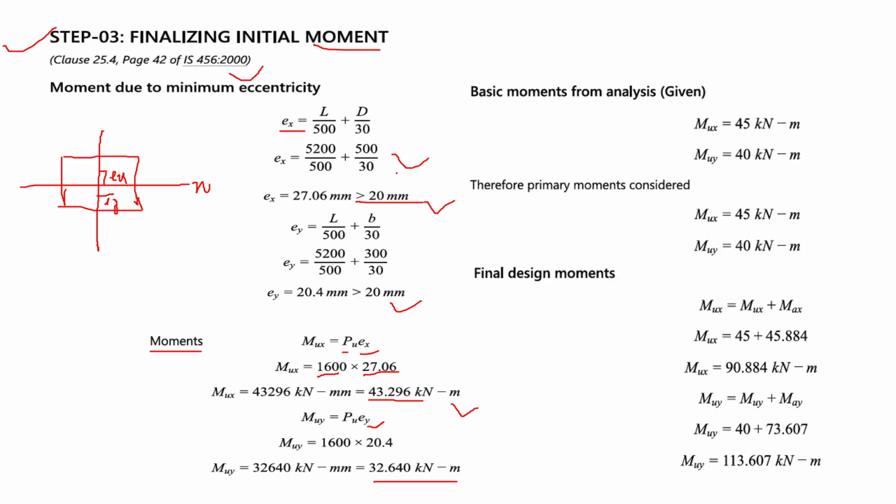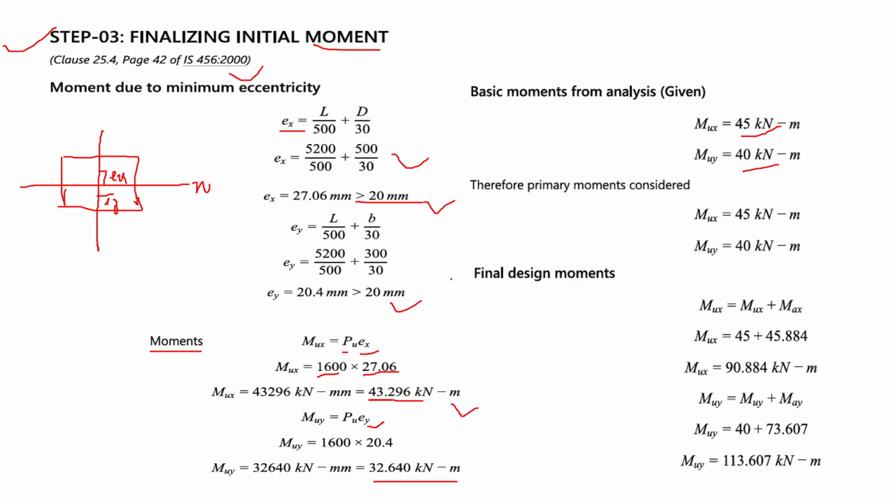Now here the moments I am getting are 43.29 and 32.640. So the basic moment we have from analysis, MUX, is 45 kilonewton meter, which is greater. That means whatever moment you get due to the minimum eccentricity, if it is less than the basic moment, then it is okay.